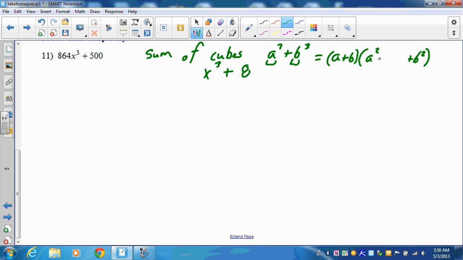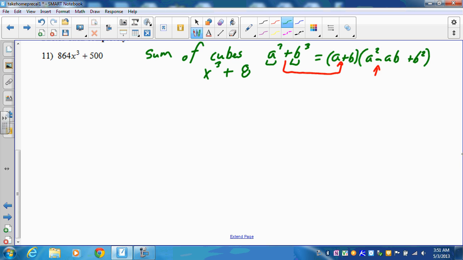And the middle term is going to be the product of a times b. So notice what happens here. These two things match up, and over in the quadratic that you factor out, you'll get a subtraction, so the sign is the opposite here.